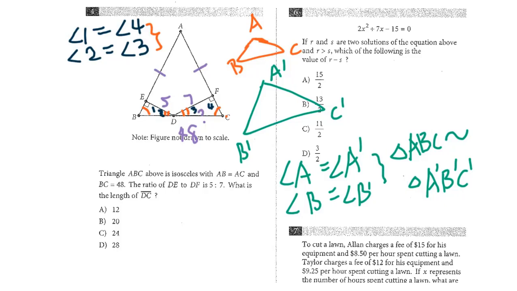That's the rule. So from angle 1 equals angle 4 and angle 2 equals angle 3, we know triangle BED is similar to triangle CFD.